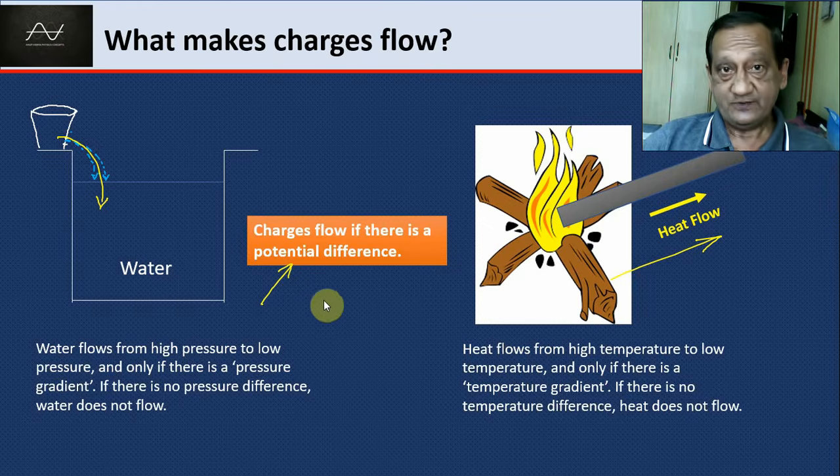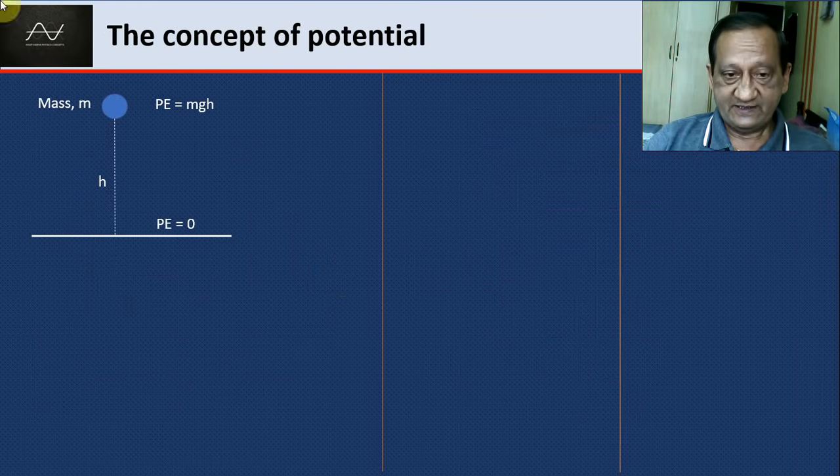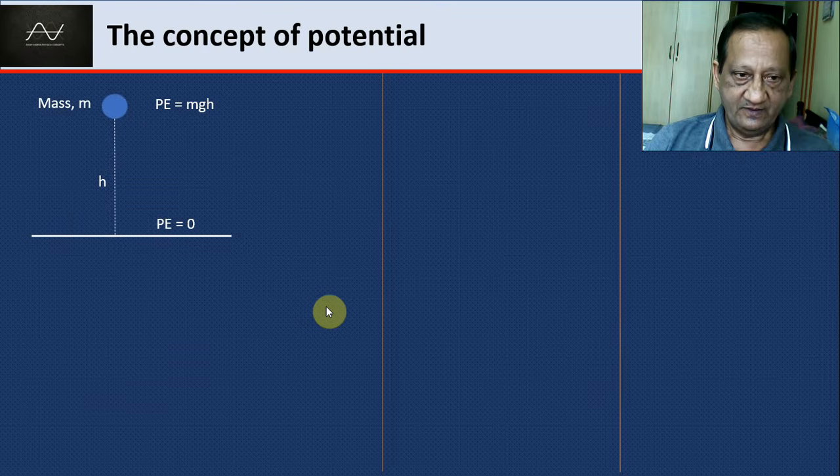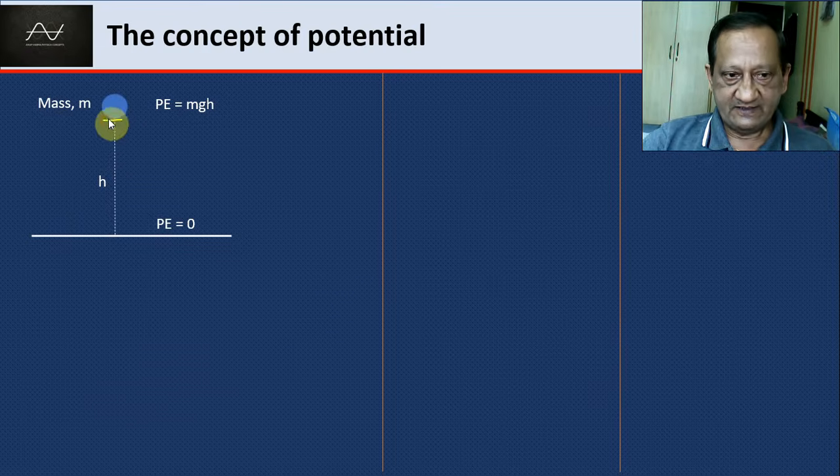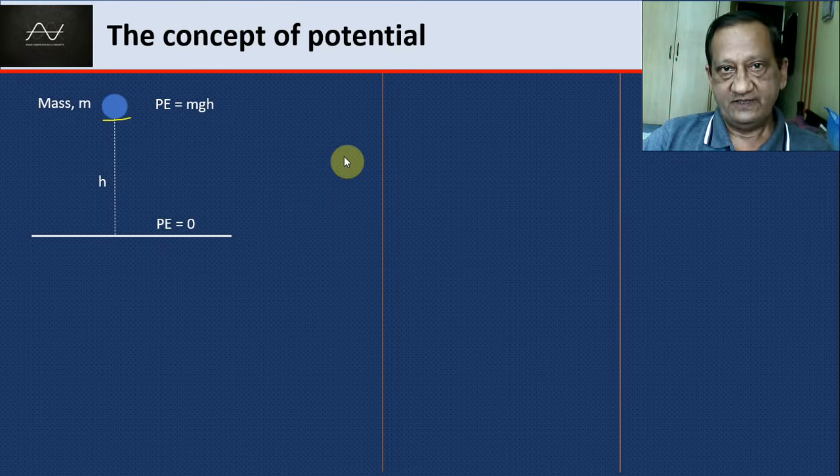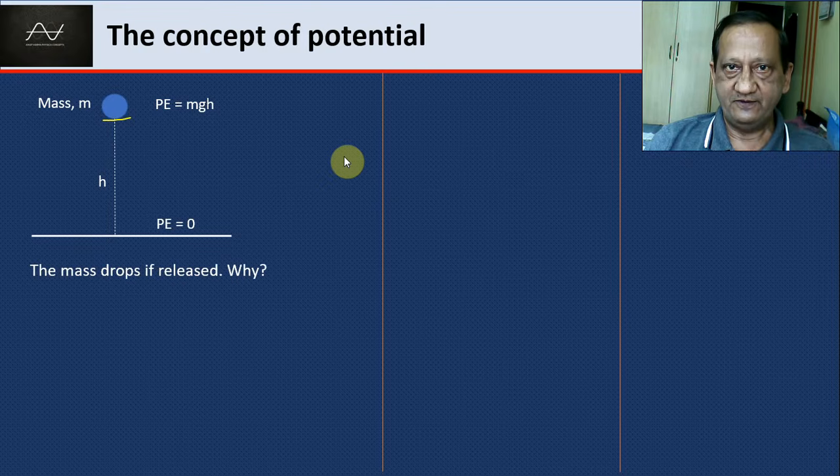Let's understand potential now. For that, let's take the example of gravity. If you have a mass at a height h and you drop it, you release it. It drops spontaneously downwards. Why does it fall? You would say that it is a weight, it is a force that is pulling it down. That is correct.